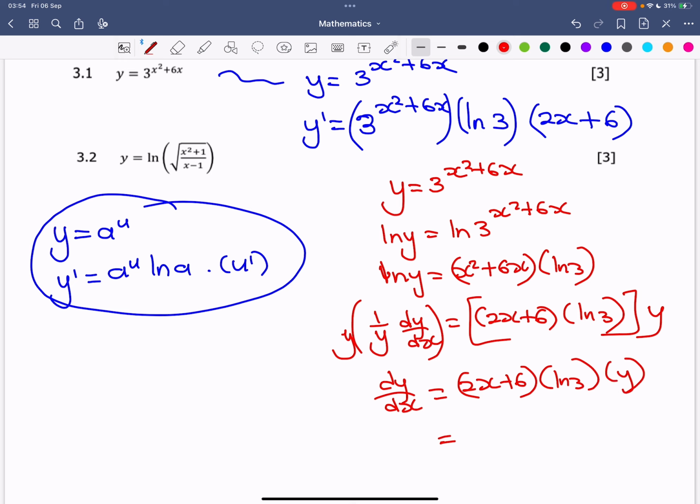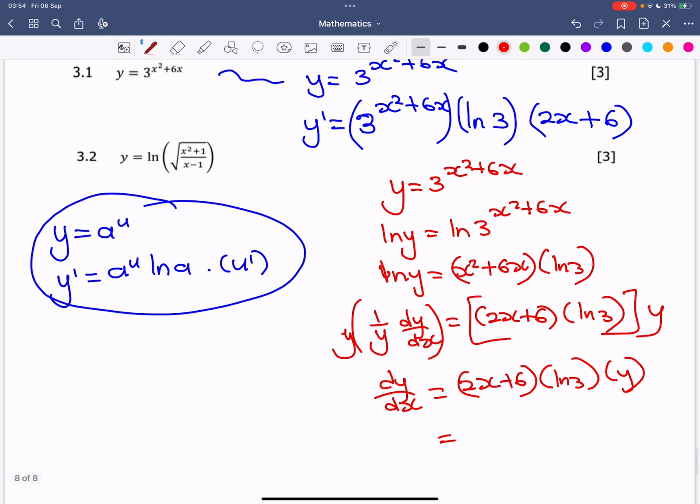What is our y? We rewrite the function that we started with as it is. So this is 2x plus 6 multiplied by ln of 3 multiplied by 3 to the power x squared plus 6x. So this is our dy over dx.